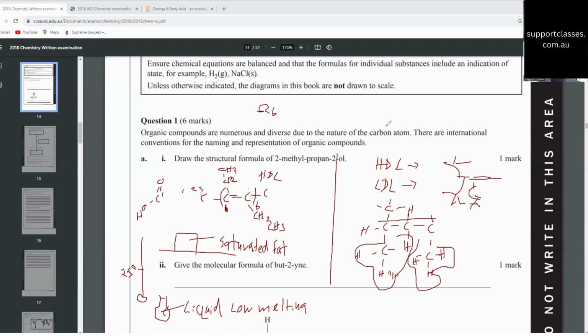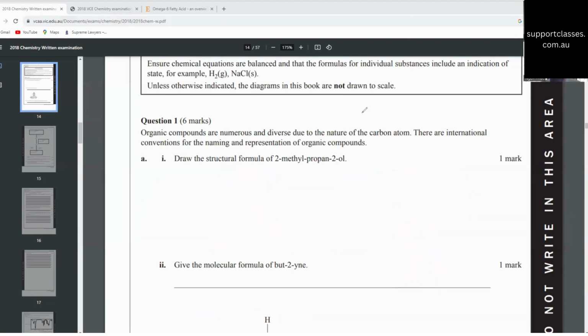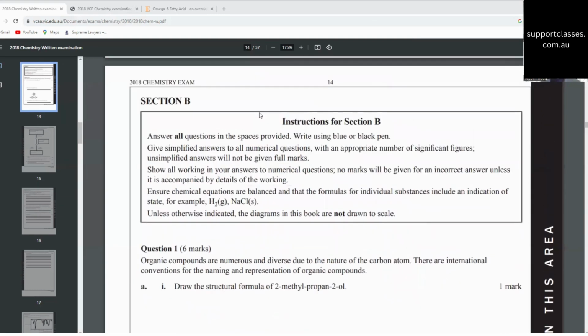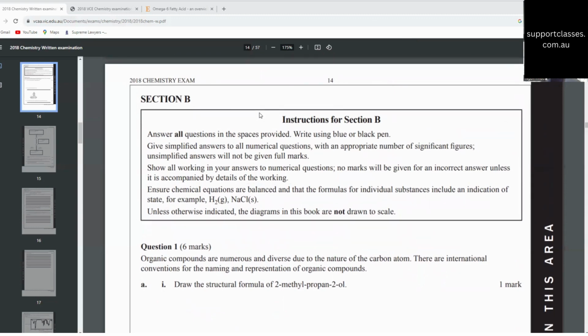All good? Done. Okay. Now we are dealing with your paper. If you want to look at this, this is 2018, right?